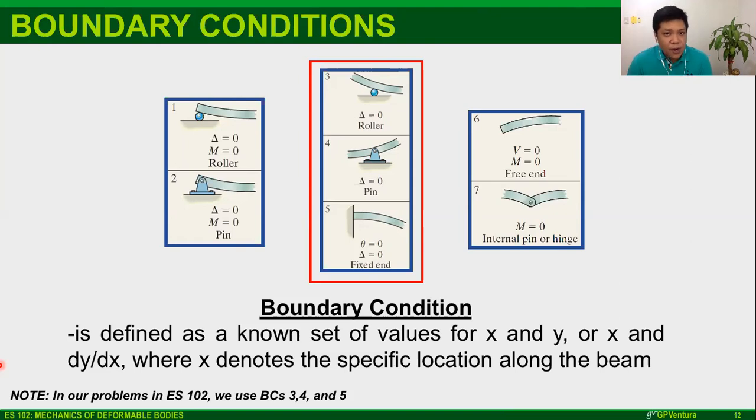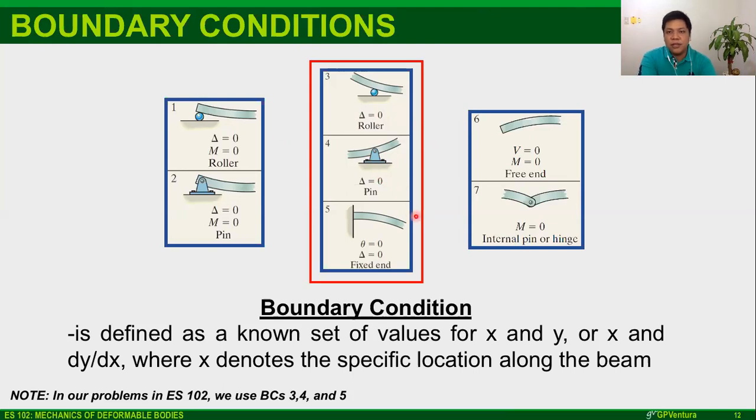Remember, if I look at boundary condition 3 and boundary condition 4, if I have a pin reaction or a roller reaction, we should know that the deflection is just equal to 0. Meaning, support reaction, wala pong deflection yan. Hindi gagalaw yung point na yan. Therefore, at the location where you have a pin and a roller, you can impose that delta, or the deflection, is equal to 0.